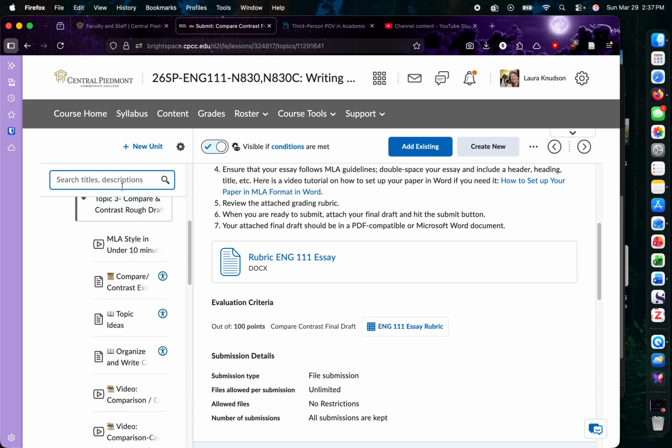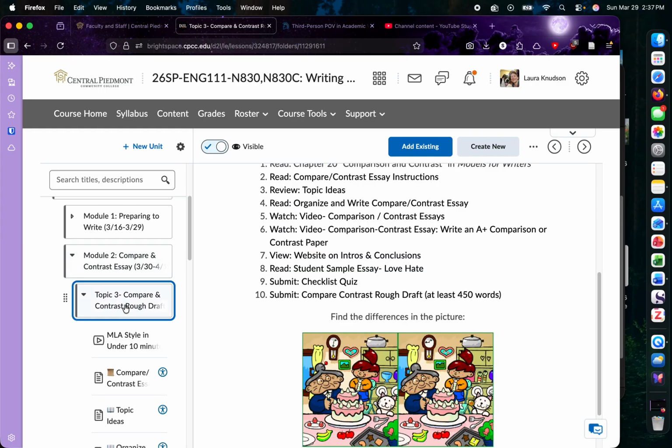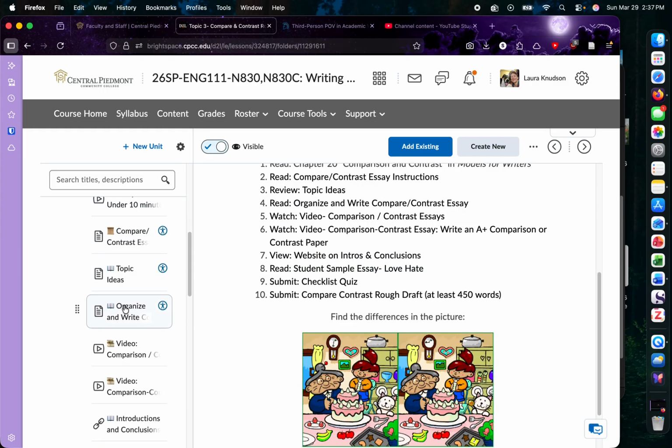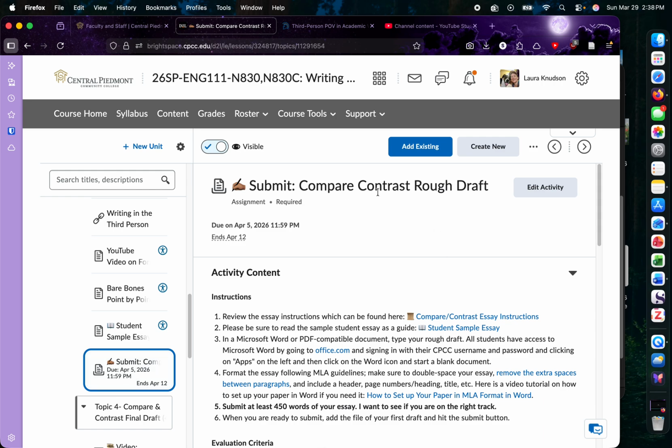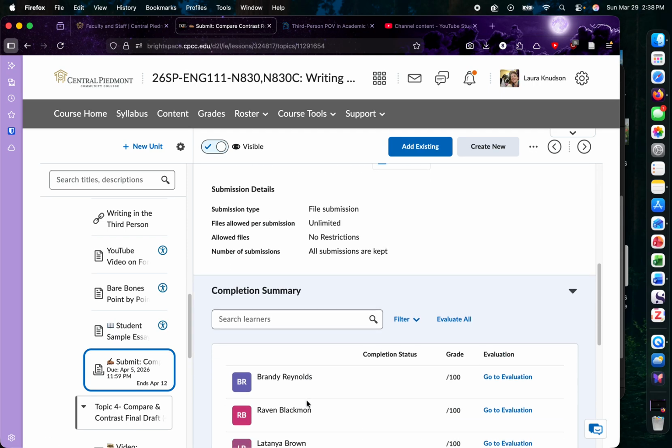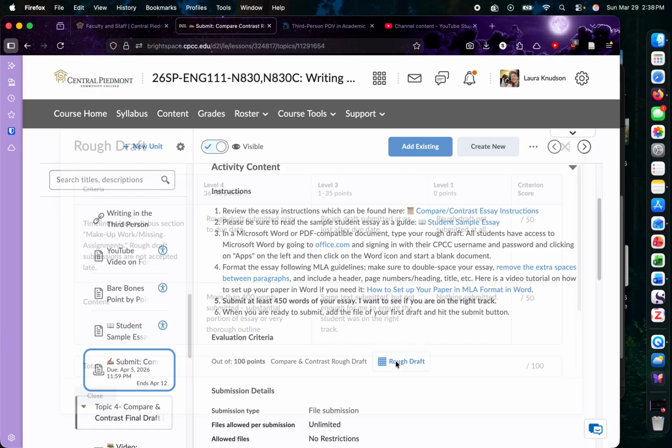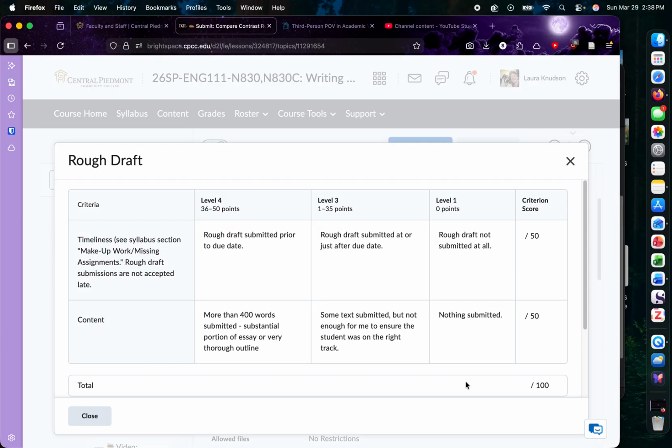Over here in the rough draft section, it will be attached down here in the submit compare, contrast rough draft. The rubric I'm going to use for the rough draft, however, is a little bit more straightforward and to the point, because we are in a rough draft situation.